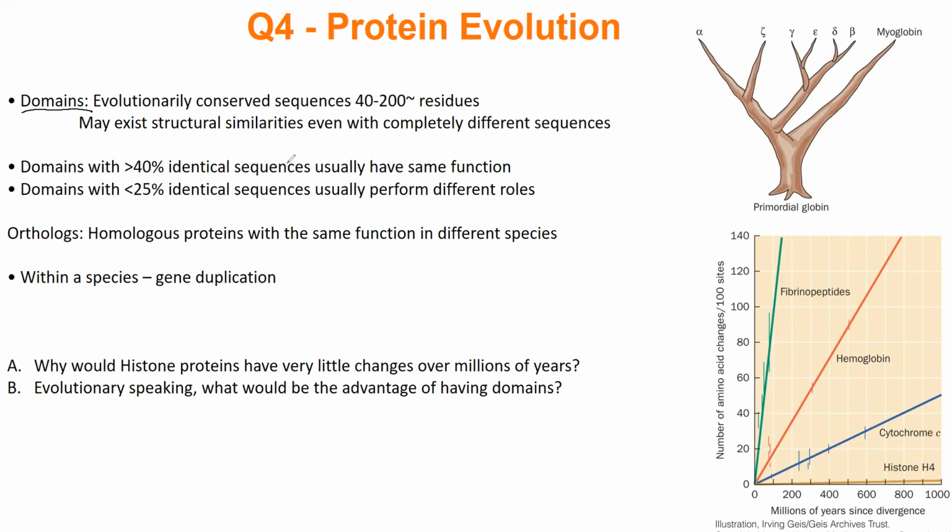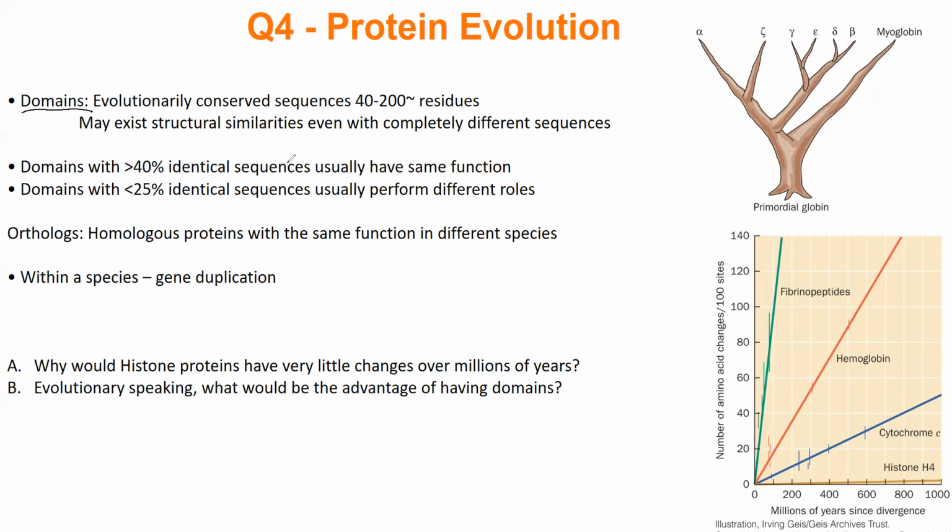And domains, they're found in proteins, and they're a sequence that is conserved, like 40 to 200 residues. And these domains can have structural similarities, even if the sequence is different between different organisms.